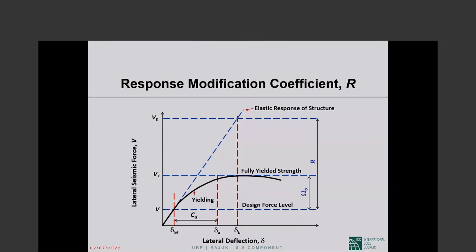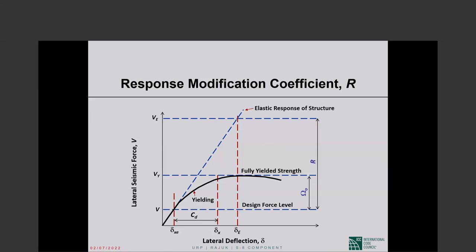R is given for each structure. Well, let me put it this way. There are in Table 12.2-1 of ASCE 7 a number of seismic force resisting structural systems listed.